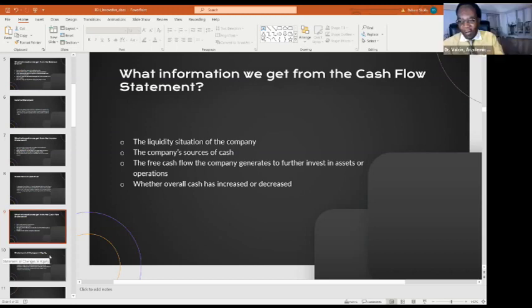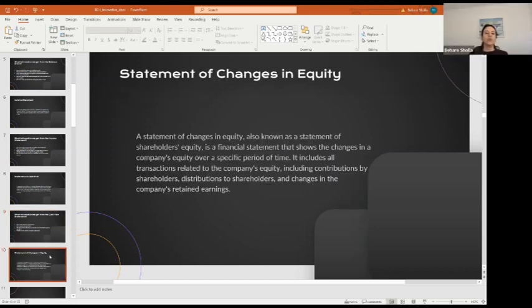Sholla, you may proceed. We'll go to the statement of changes in equity, which is an important financial report, especially for the shareholders. Here we can see whether the shareholders took something from the company in the form of equity or they invested in the company. So all these transactions are related to the changes in equity.